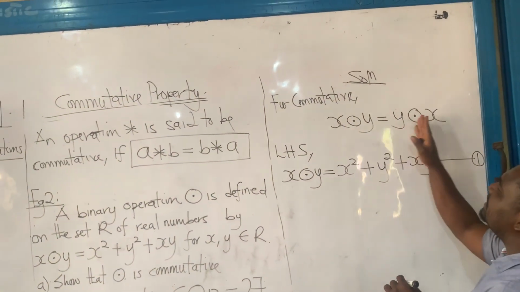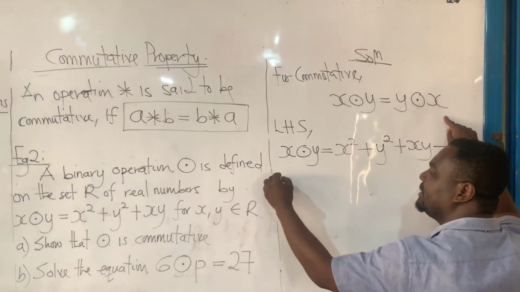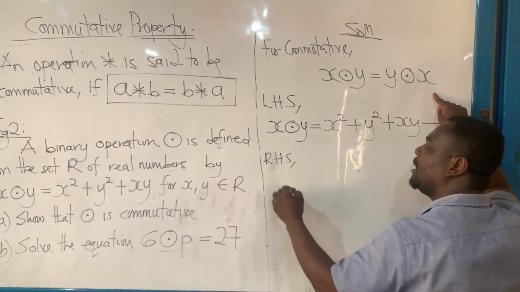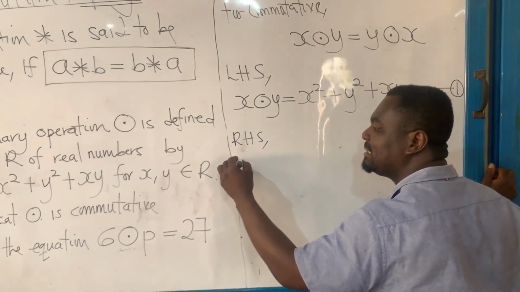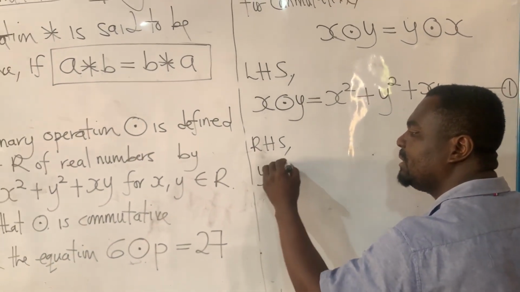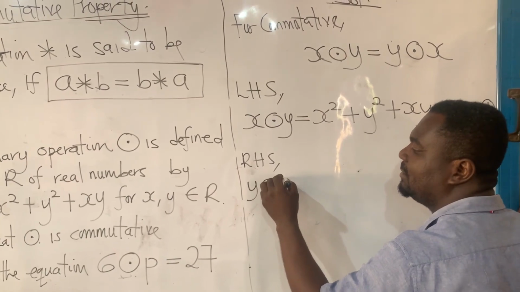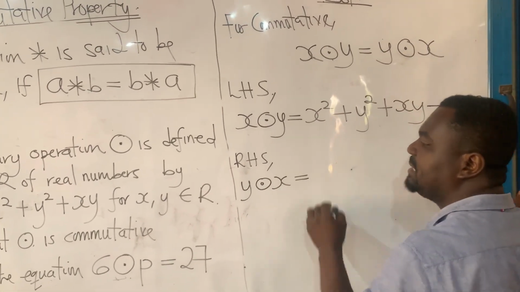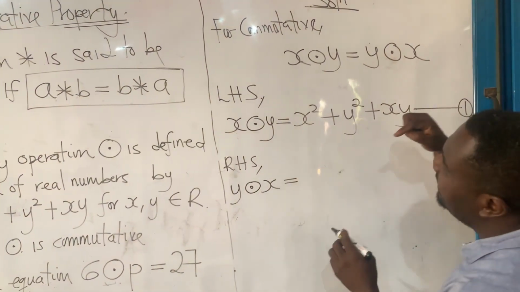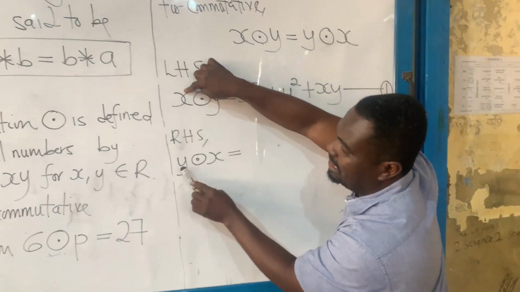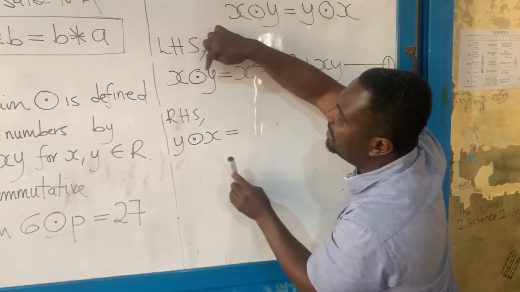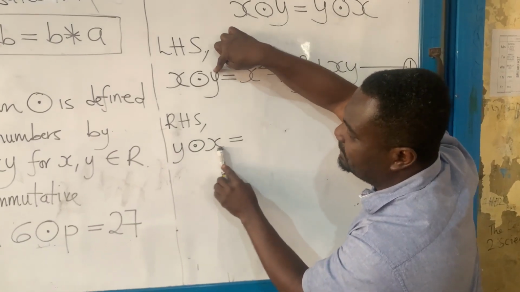Then I'm going to consider the right-hand side. My right-hand side was given to me as y circle x, meaning wherever I see x, I'm to replace it with y, and wherever I see y, I'm to replace it with x.